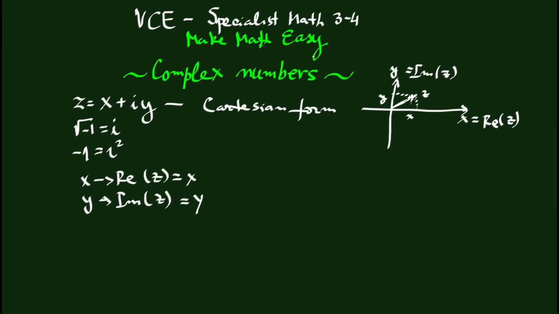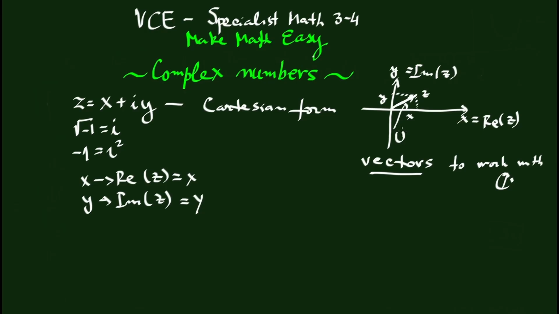So we can use vectors to work with complex numbers. In that vector, you can say that the vector has a length if it goes from the origin, and an angle.